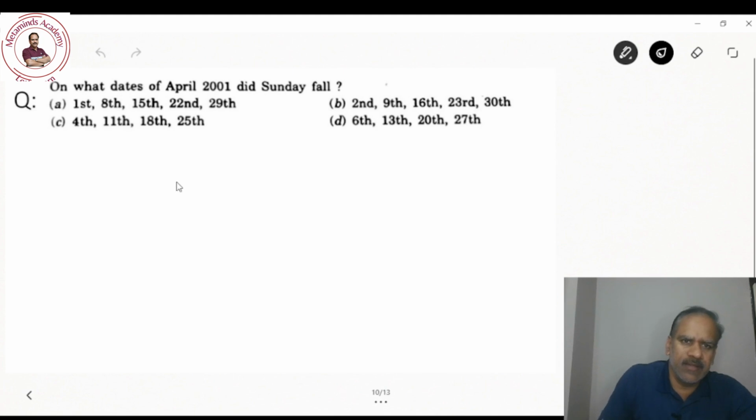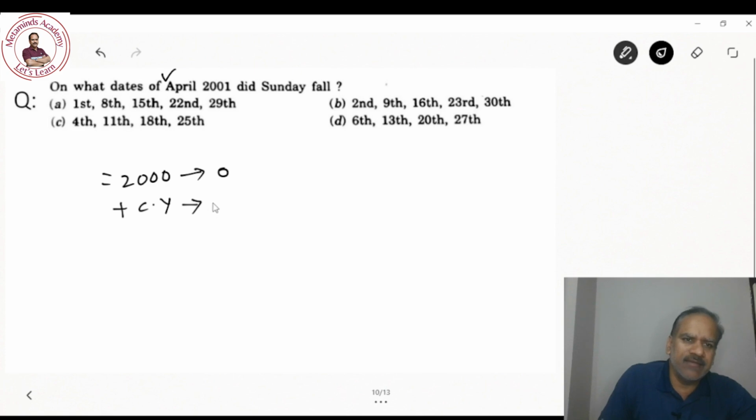On what dates of April 2001 did Sunday fall? April 2001 is equal to 2000 years plus the current year. 2000 years has 0 odd days. The current year is from 1st January 2001 to 1st April 2001. We have to consider 1st April first of all. When no date is given, you have to take 1st April.